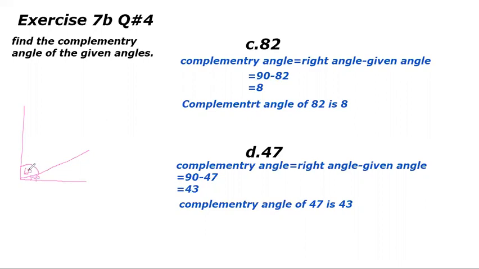Now, if you add 60 plus 30, it gives us 90 degrees. According to the definition, two angles are complementary if their sum is 90. The sum of 60 and 30 gives us 90. It means that 60 and 30 are complementary to each other.